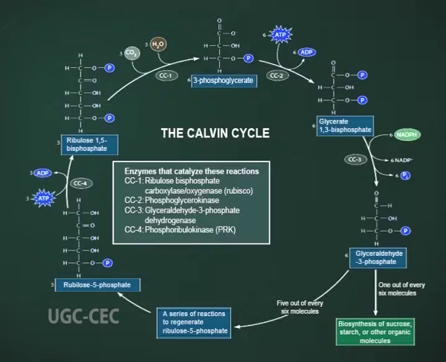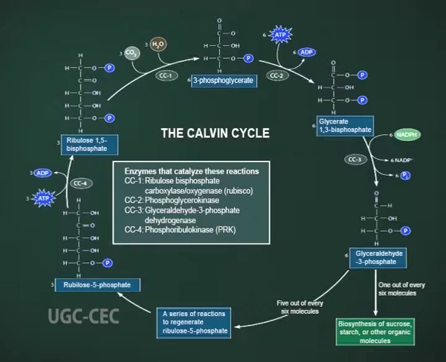Following the formation of 6 molecules of 3-phosphoglycerate, 6 ATPs and 6 NADPH are used to generate 6 molecules of glyceraldehyde 3-phosphate. Only one of these molecules of glyceraldehyde 3-phosphate is then used to form fructose 6-phosphate and eventually starch.